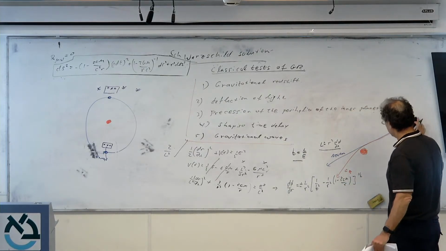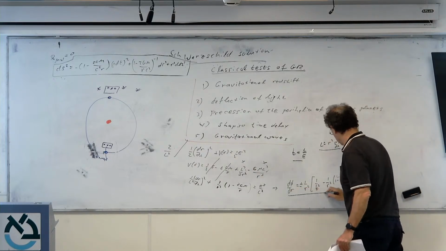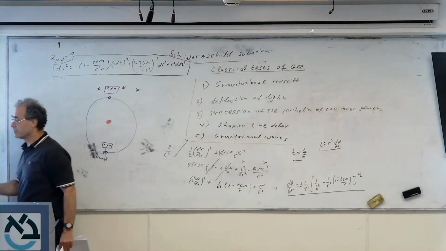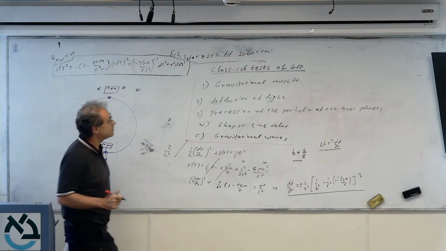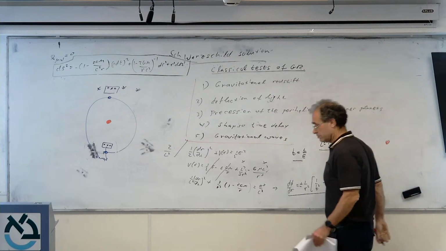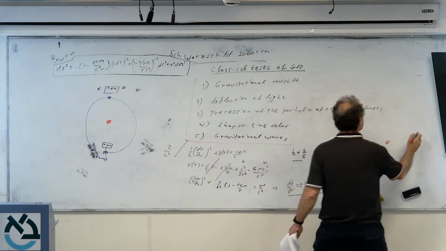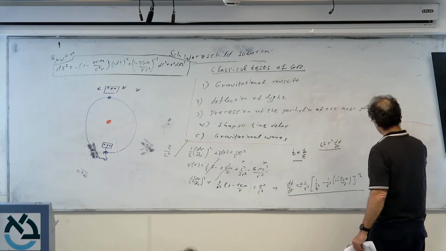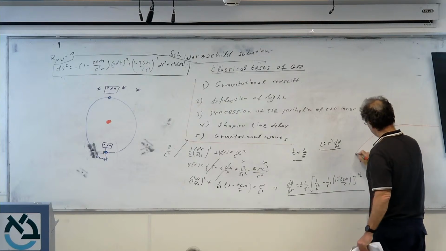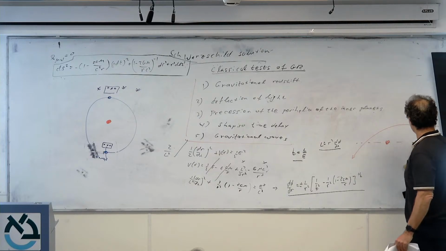So again, maybe I should draw that better. This is dφ/dr. This is the source of the gravitational potential. This is the light. Light is going like that in a straight line, and then it's deflected. Of course, I'm exaggerating just to get the feeling of what happens.